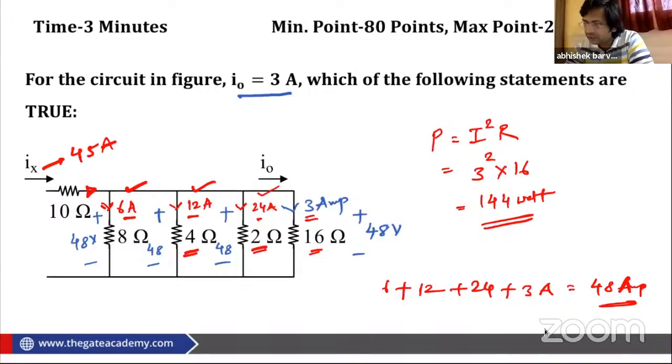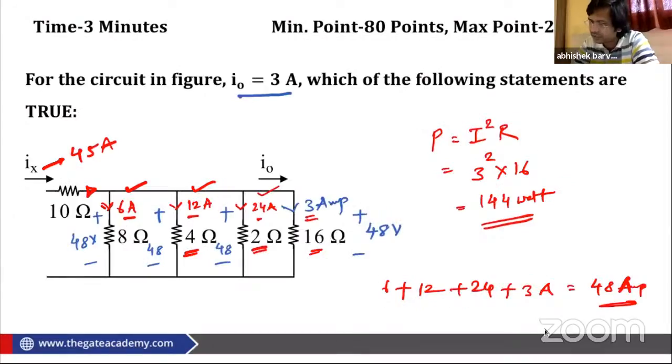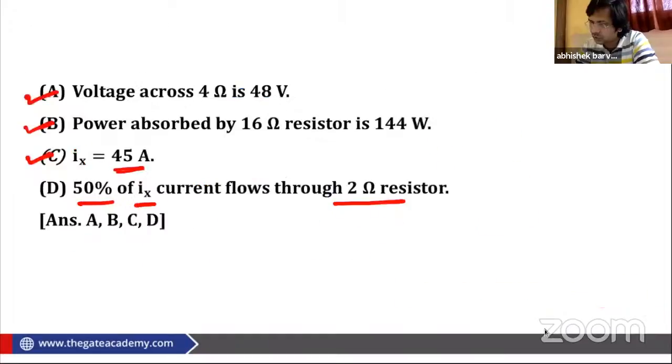So 50% of Ix current means it has to be half of 45. So definitely this is not true. Option D has to be invalid. In fact, options A, B, and C are the correct options.